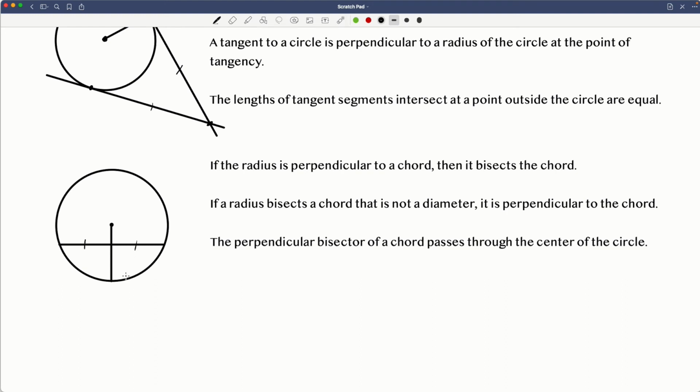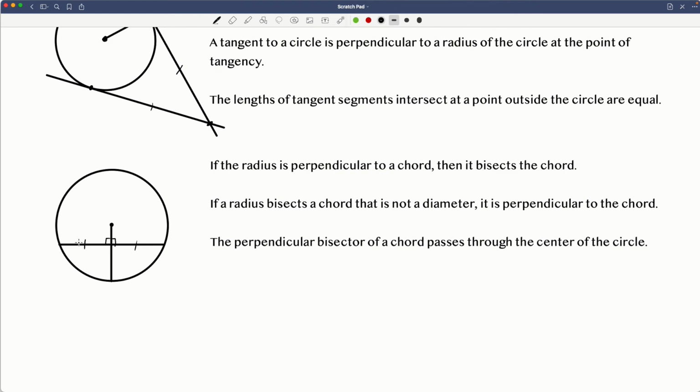If a radius bisects a chord that is not a diameter, then it is perpendicular to the chord, which just means these are 90-degree angles, right? If the radius is perpendicular, then these are congruent.